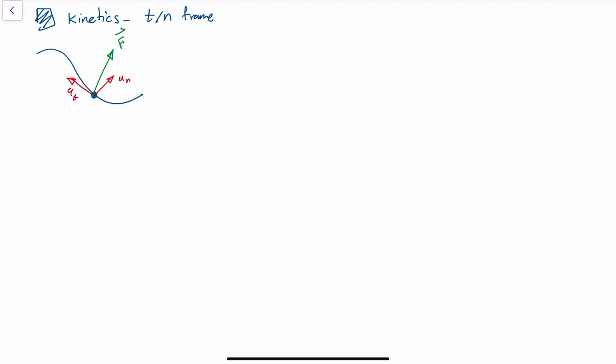And if you have some arbitrary force acting on a particle, you can find the two components of the force along these axes, and your vector equation can be decomposed into the two axes.